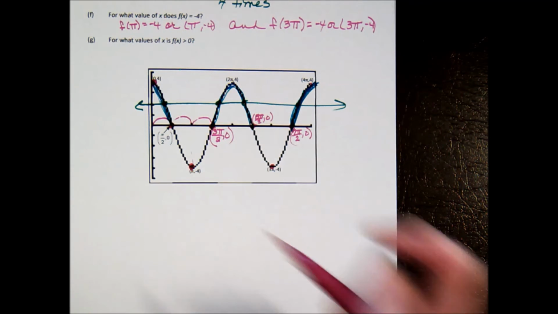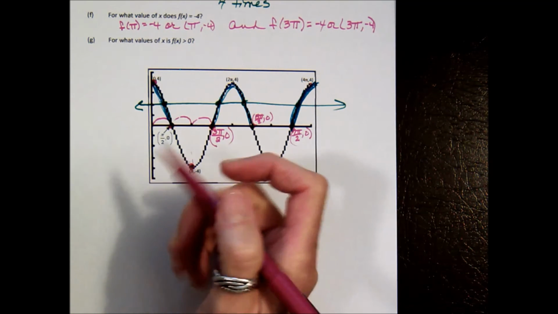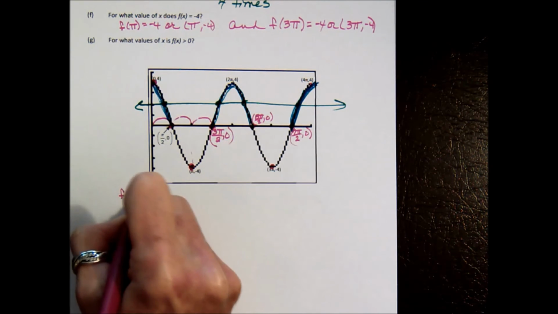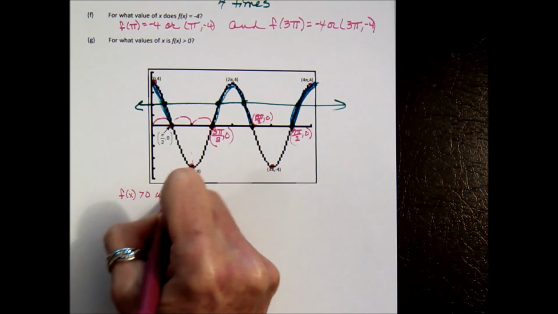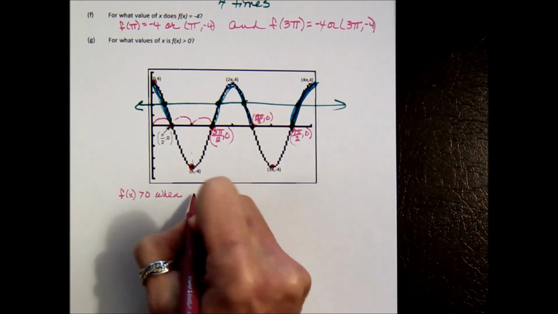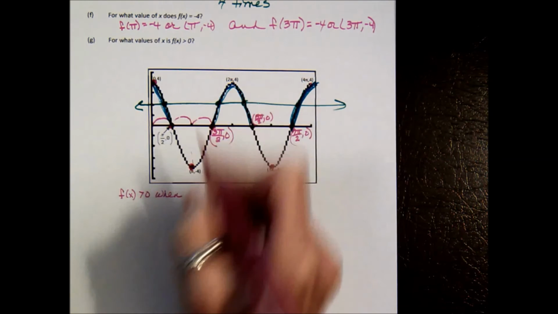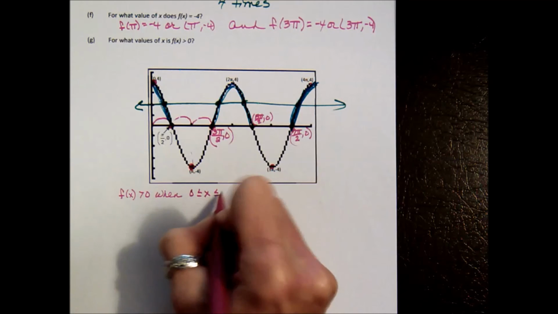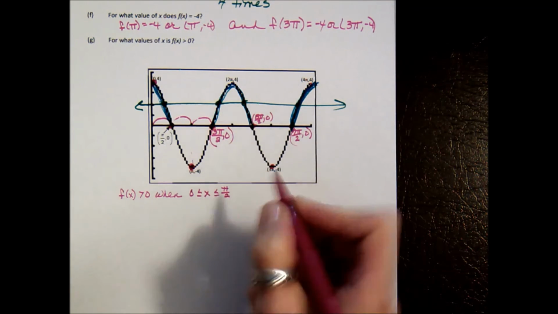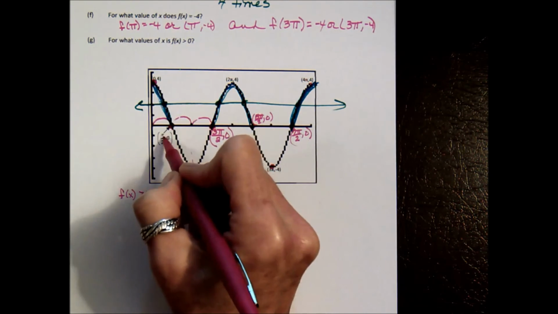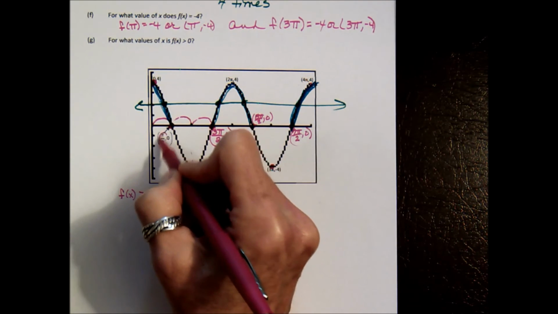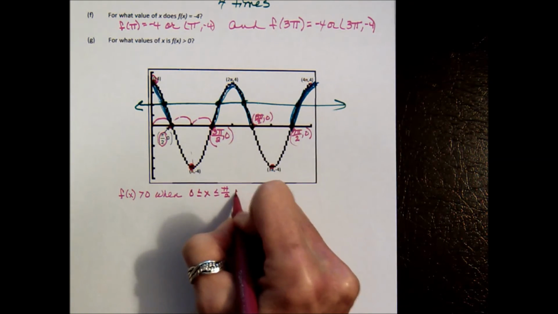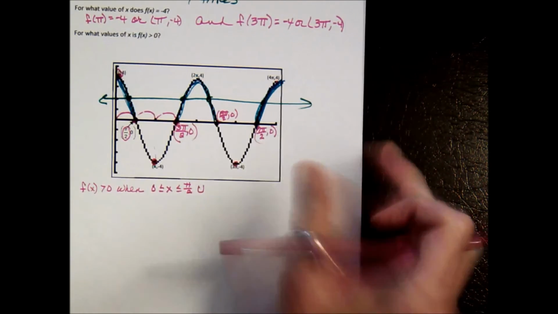Well, there's several ways we can say this. I'm going to say it like this. F of x is greater than 0 when, let's talk about this blue one first. The first region is where x is between 0 and pi/2. So that's this region. I'm talking about my x's here. And then there's a break, right? So we're going to say in union with, because it's not continuous, it's greater than 0 here.